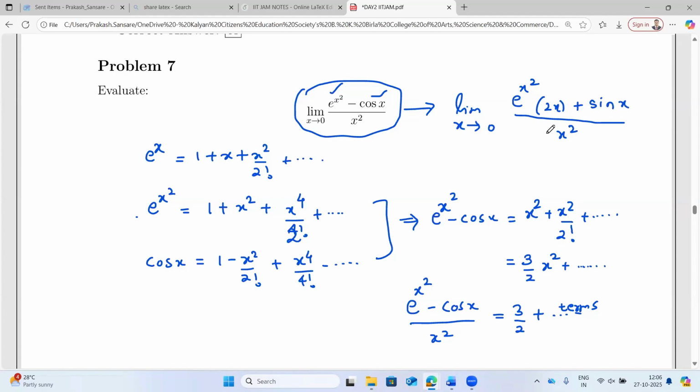So we will separate each term. If I separate each term, what will happen? In the denominator, twice x.